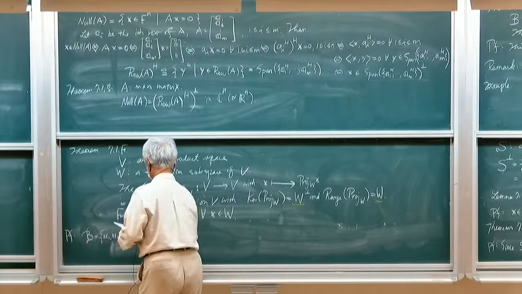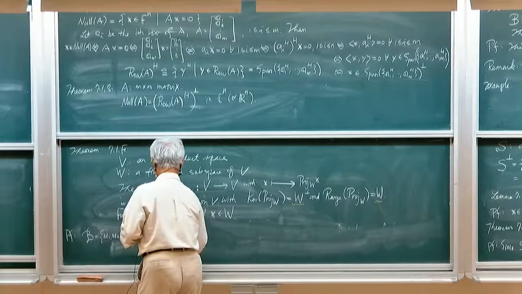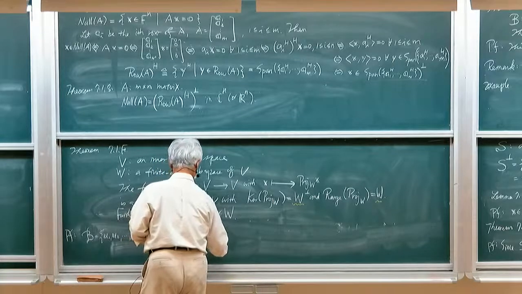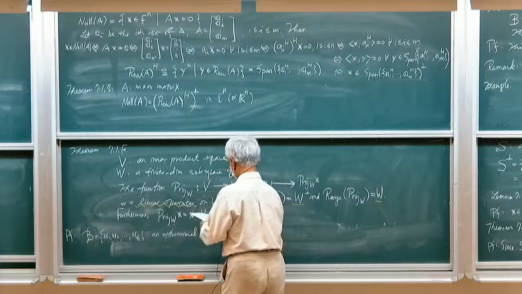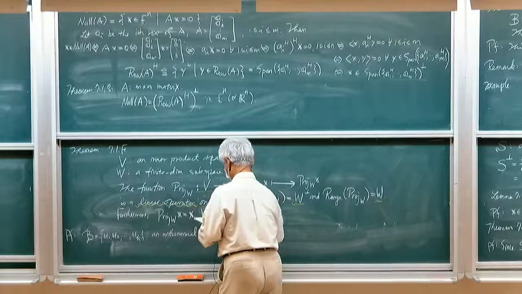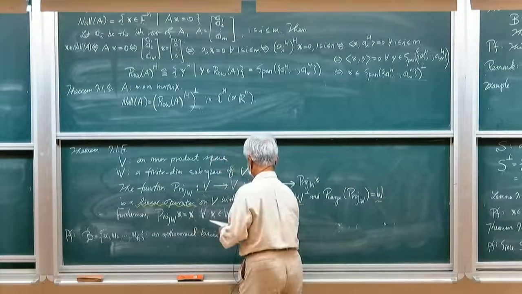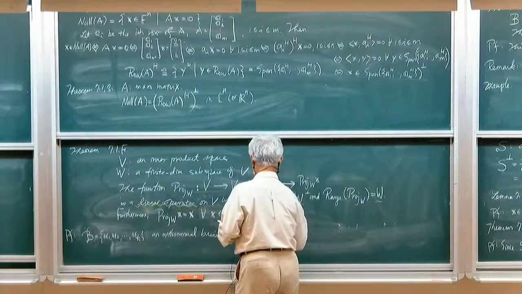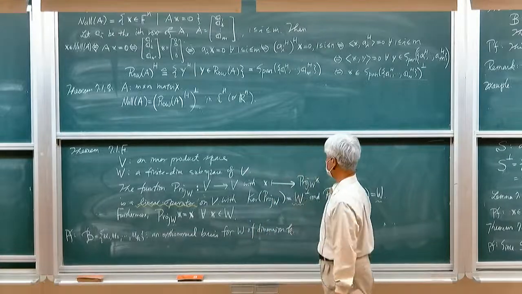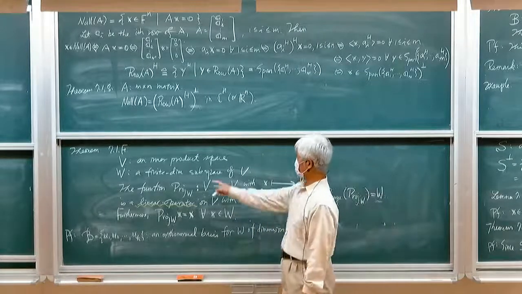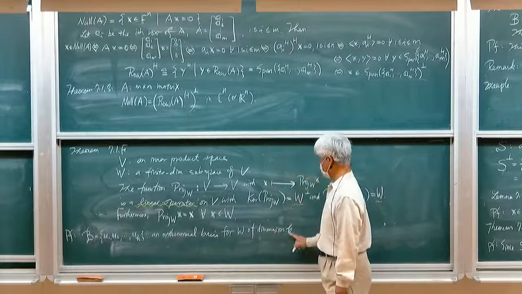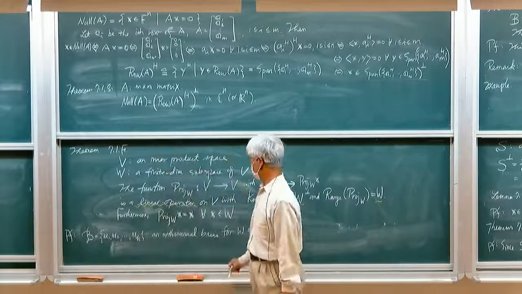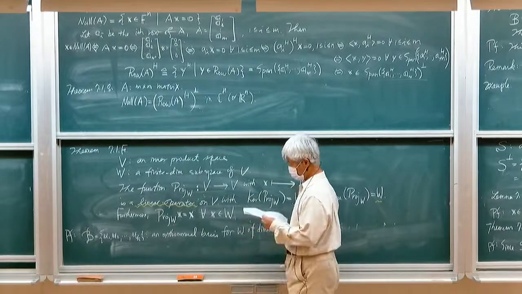It's an orthonormal basis for W, of dimension k. So the subspace is finite dimensional, so we suppose that the dimension is k, and B is an orthonormal basis for W here.